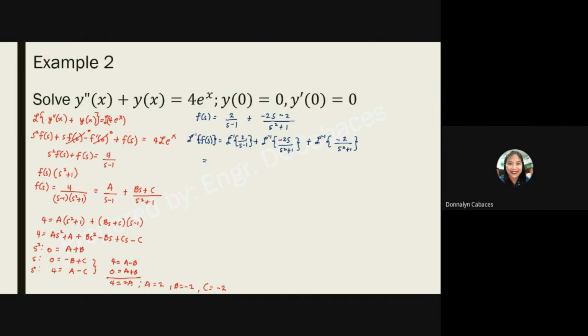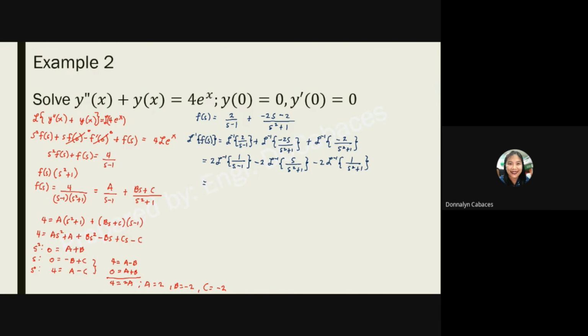So you have here the inverse of 1 over s minus 1. So that is 2 times the inverse Laplace of 1 over s minus 1. And for this, minus 2 times the inverse Laplace of s over s squared plus 1. Minus 2 times the inverse Laplace of 1 over s squared plus 1. And now what are the inverse Laplace?